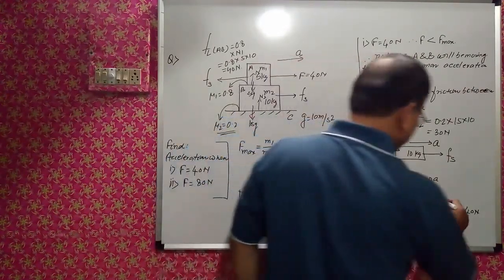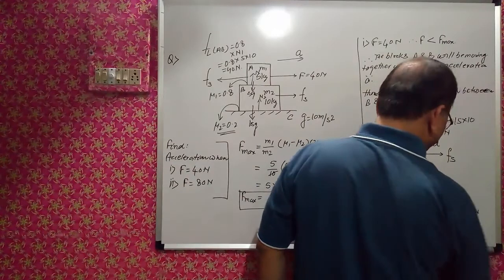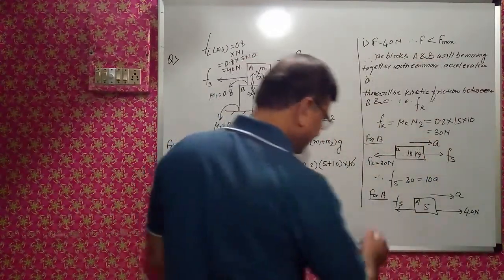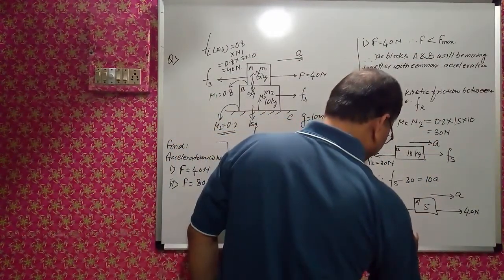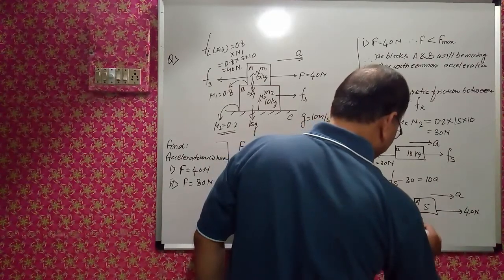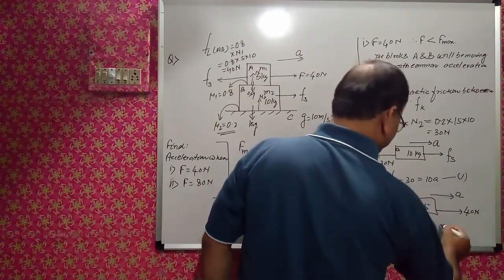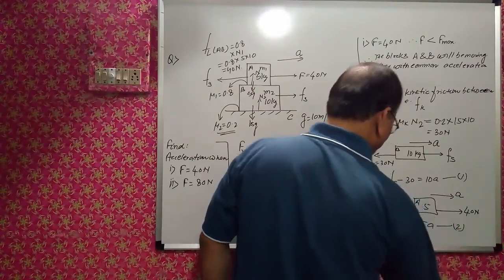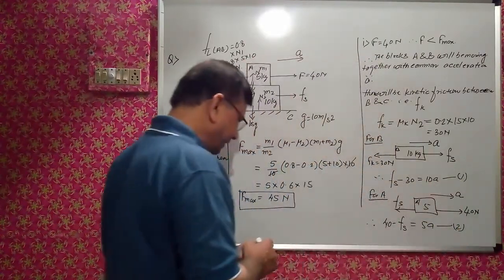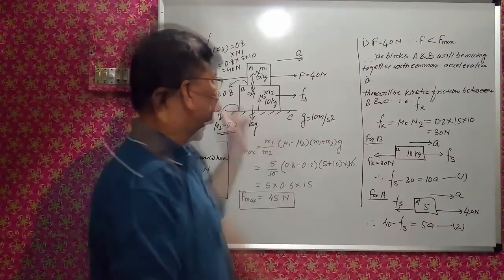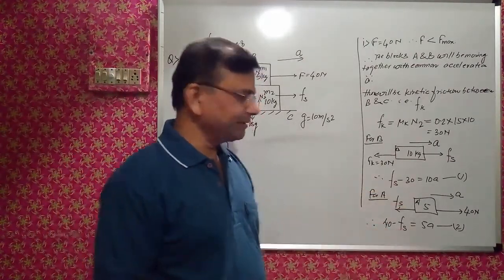So, net force will be acting in this direction and acceleration is A. Therefore, 40 minus Fs is equal to 5A. This is equation number 1. This is equation number 2. Using these two, we can find the acceleration.